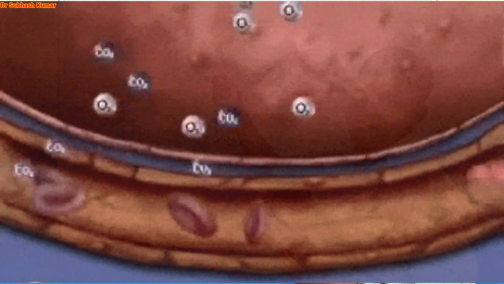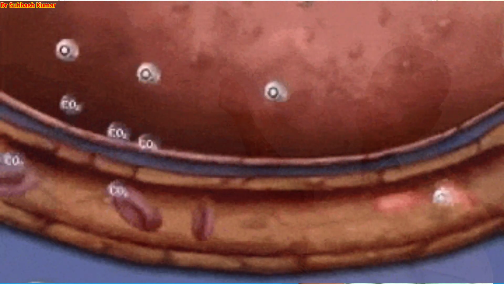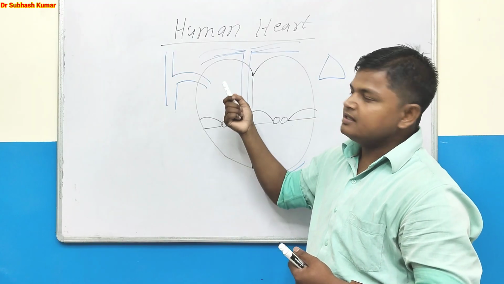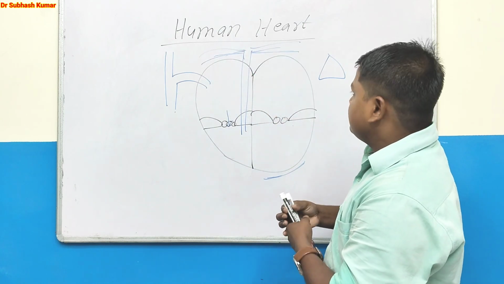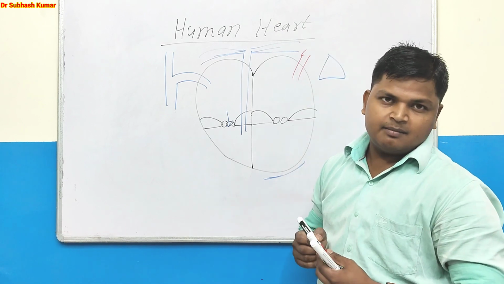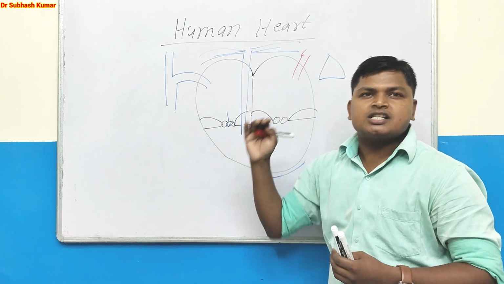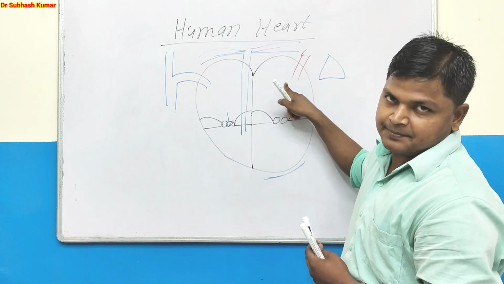Then the purified blood, known as HbO2, meaning oxygenated blood, returns to the left atrium through the pulmonary vein. The pulmonary vein drains the oxygenated blood from the lungs to the left atrium.